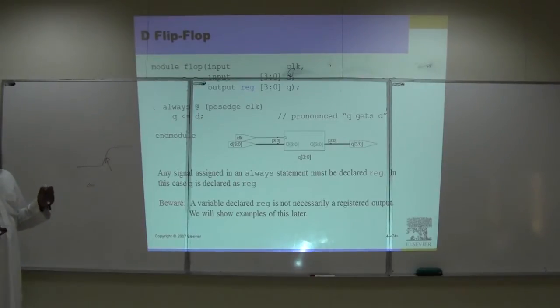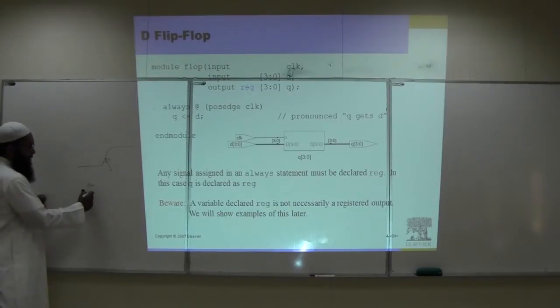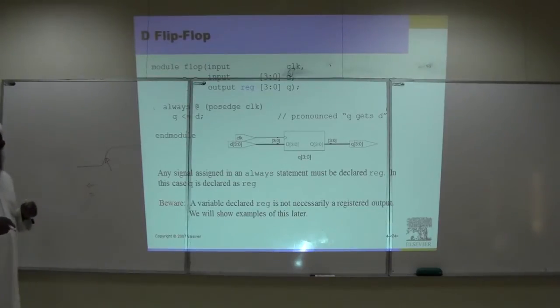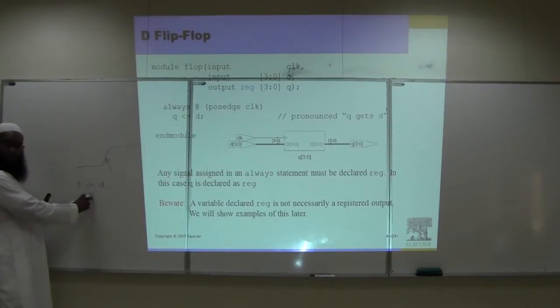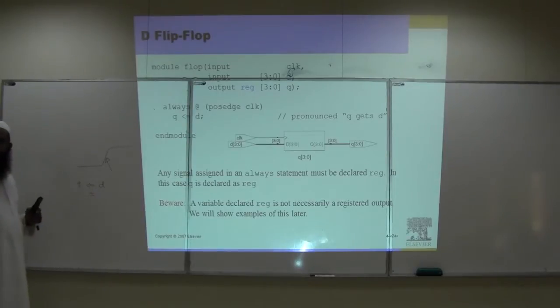Now Q becomes D. This one is like the normal equal, but it has other meaning. We will see the difference.